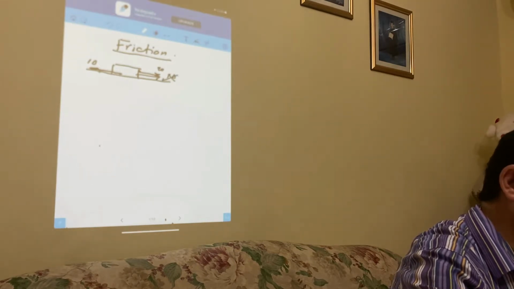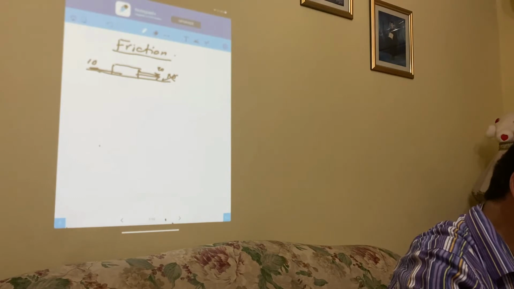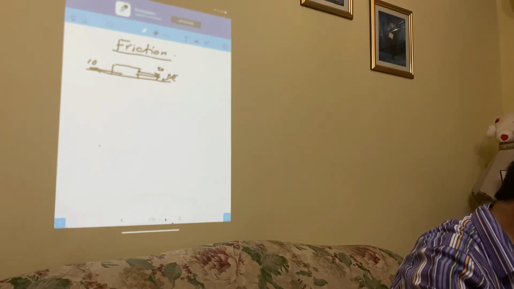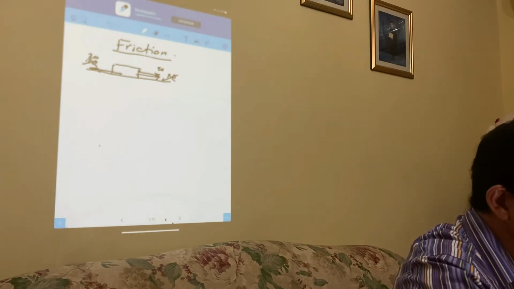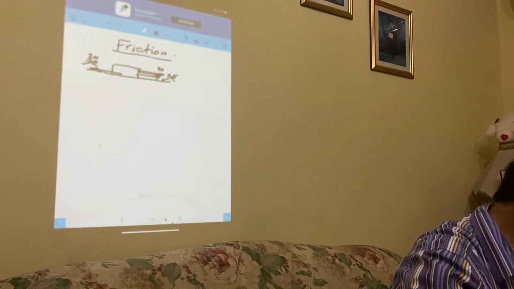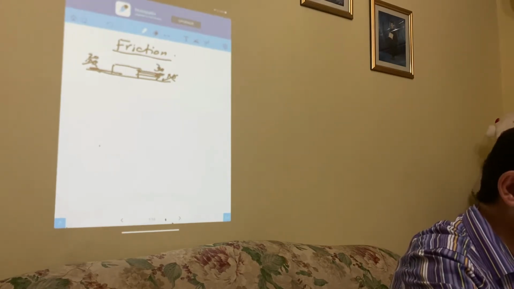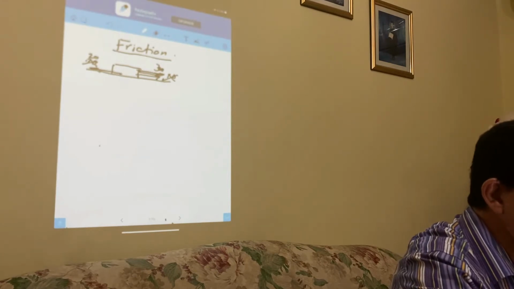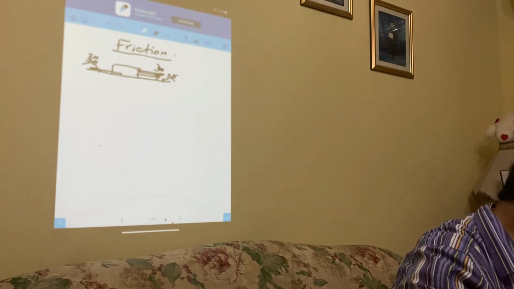And still the block did not move. This means the frictional force became 20. I pulled it with a force of 30, and the block did not move. This means there's a friction of 30.